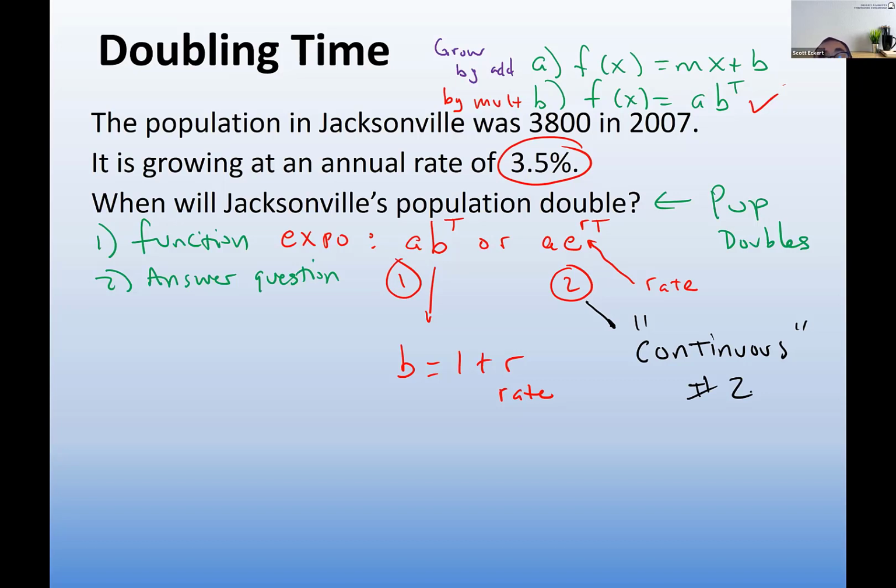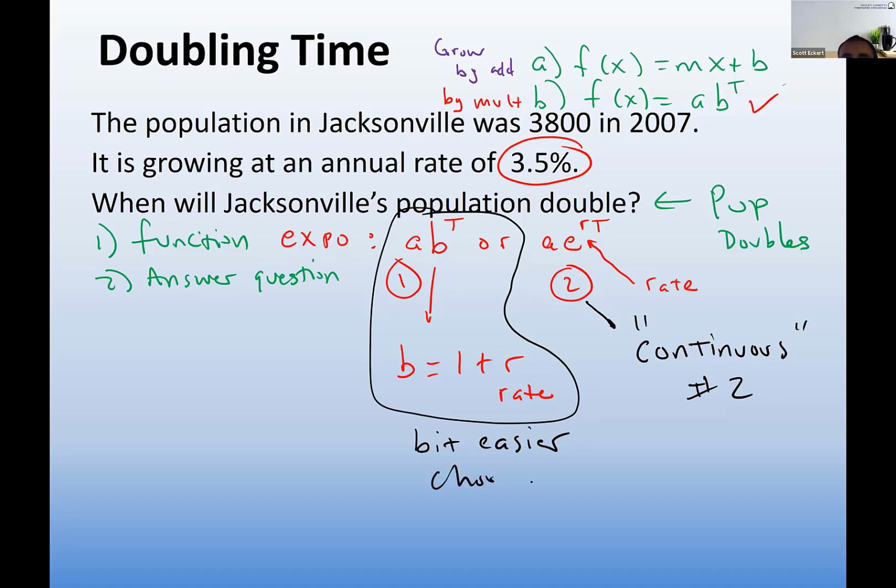In this particular problem, the first is a tiny bit easier, at least for me. So if I can choose, I'm going to choose number 1, and this one does not say continuous. So I'm going to use incremental growth.